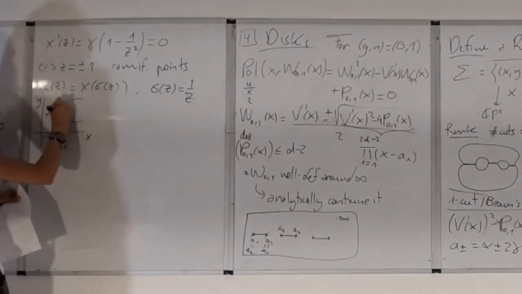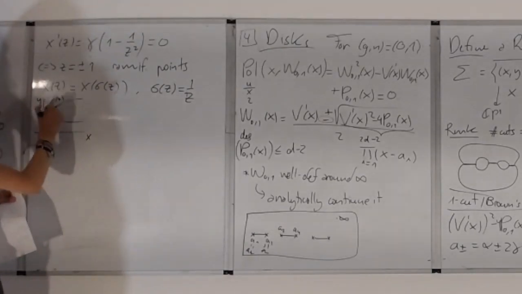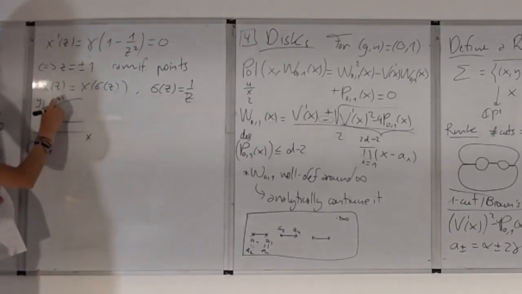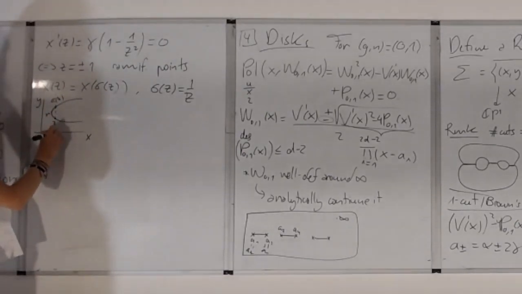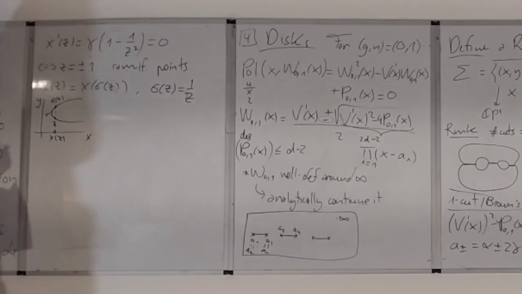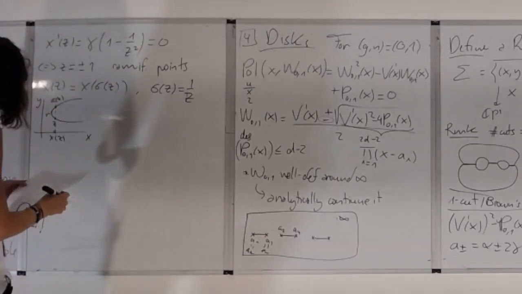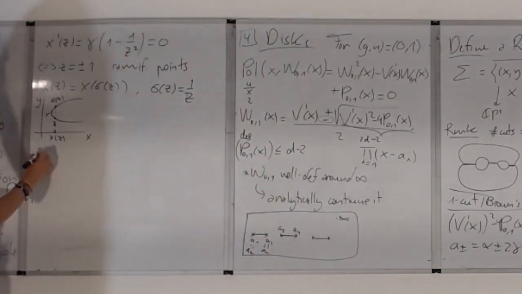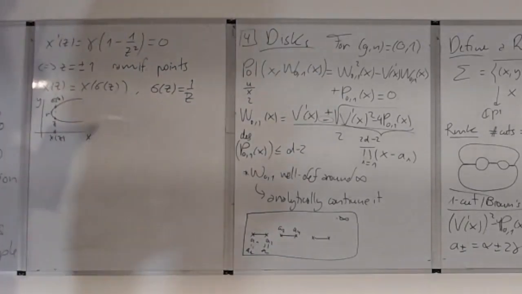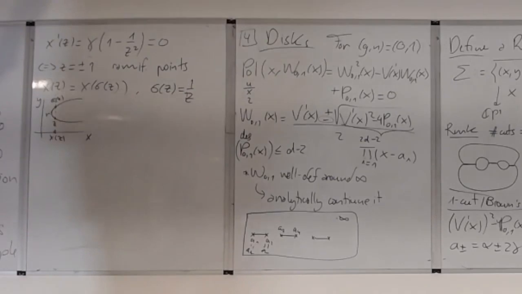And around the ramification point, we have these two preimages of every point that go to the same x. Okay? This you probably understood already quite well from Bertrand's lecture, because this is what happens in general for the classical topological recursion.